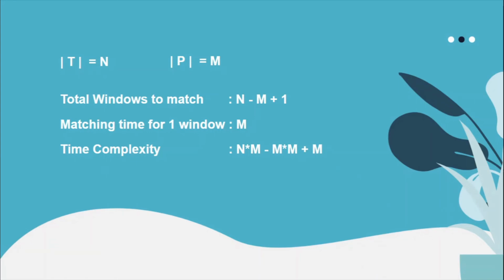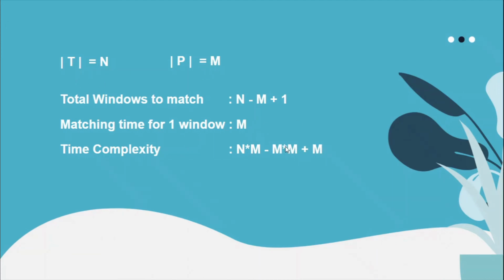Like I want to search whether the word hello exists in this large text or not. So when you are trying to find out big O notation, big O basically represents your worst case complexity. The size of pattern is very small as compared to the text in which you want to search this pattern.